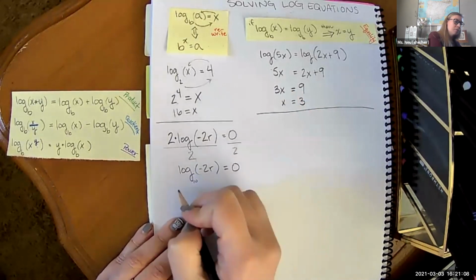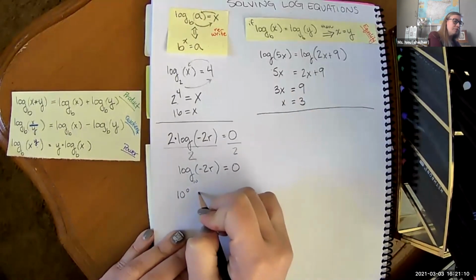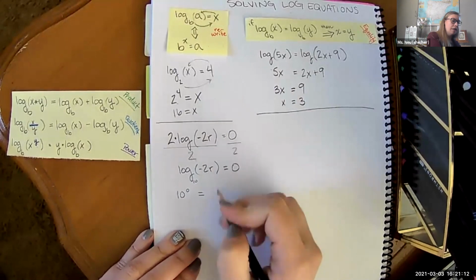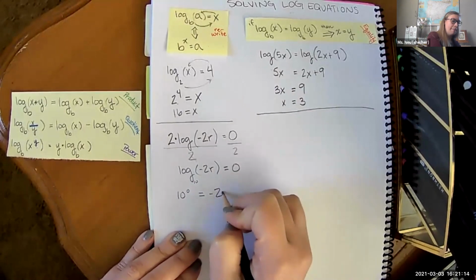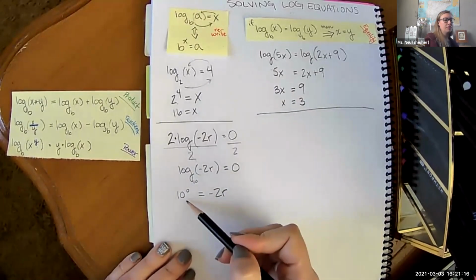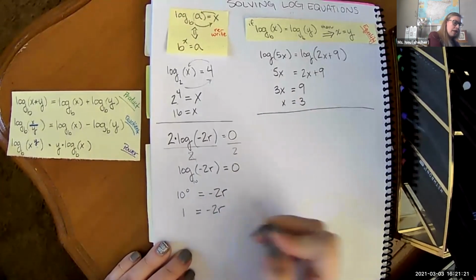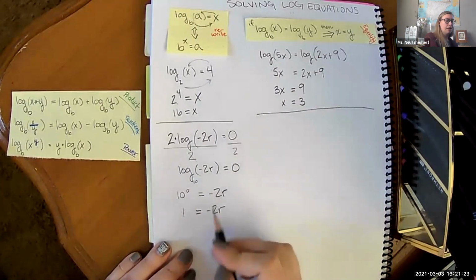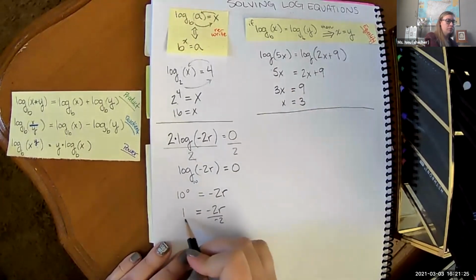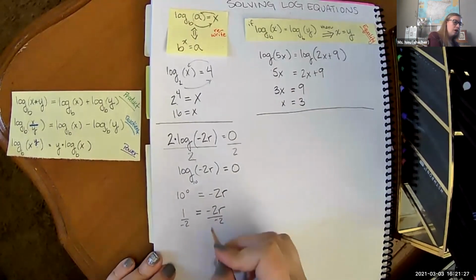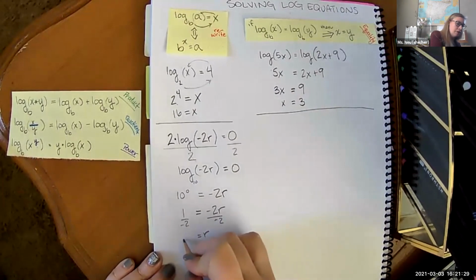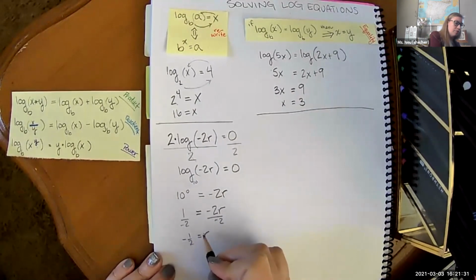So 10 to the power of 0 equals my negative 2r. Anything to the power of 0 is 1. And now I can just divide by negative 2. And r equals negative 1/2. All right, cool.